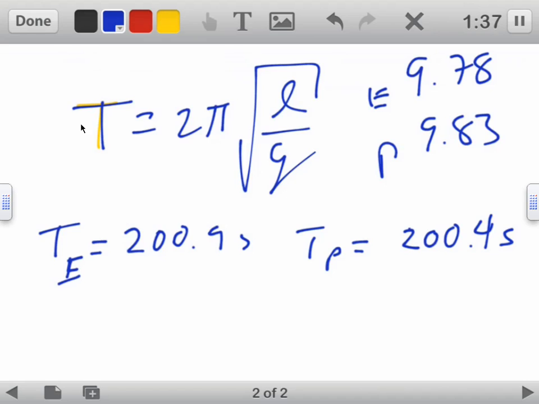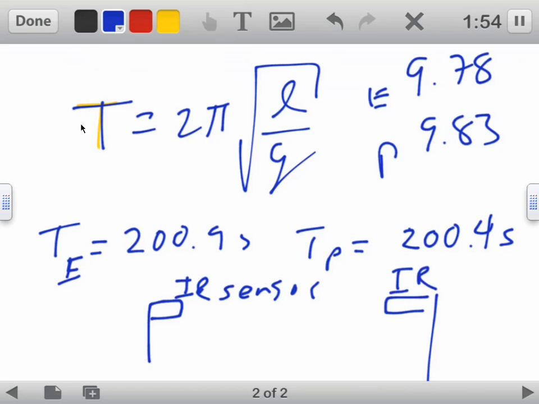So if you use a photogate, you know what that is? A photogate is like a stick with a little infrared sensor, and then you have another stick with an infrared light.